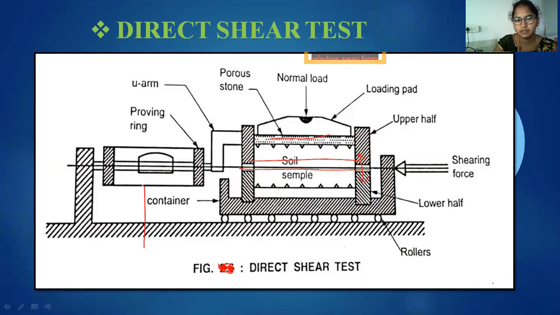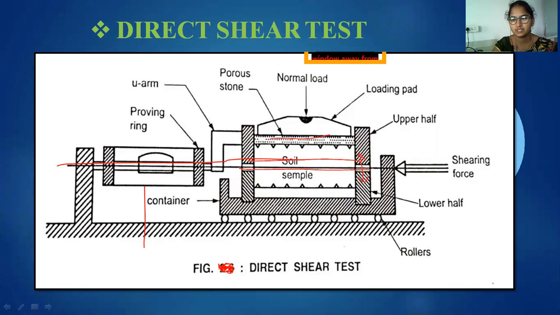Between these two, the sampler will be there, the load will be applied, and this moves in a forward direction. Now we can see this movement. That's why you can apply rollers at the end of this machine. It consists of rollers.